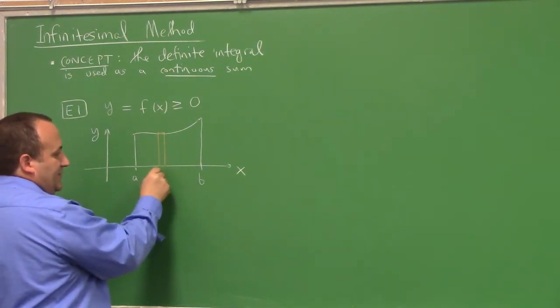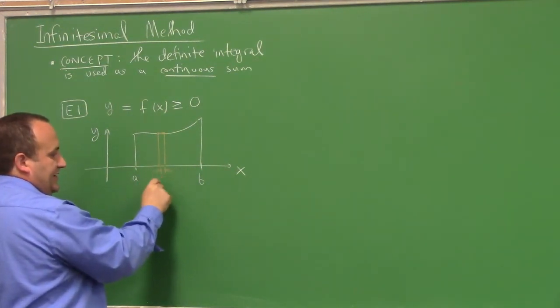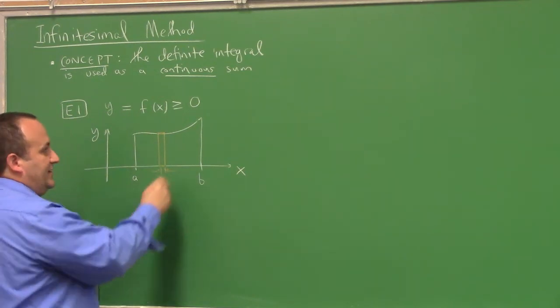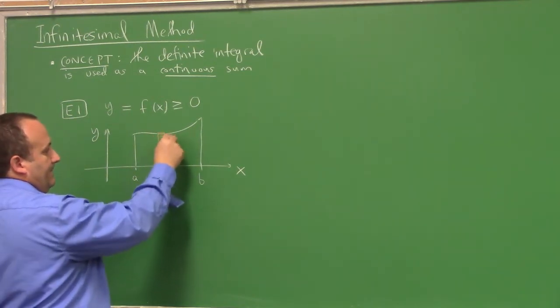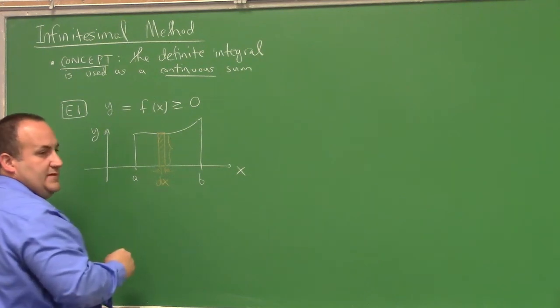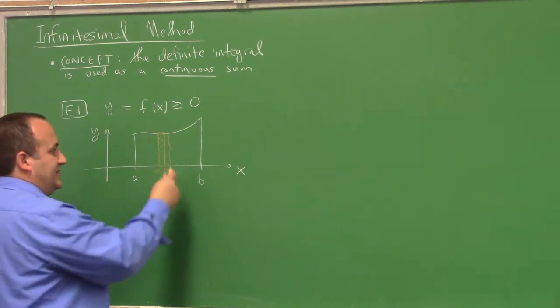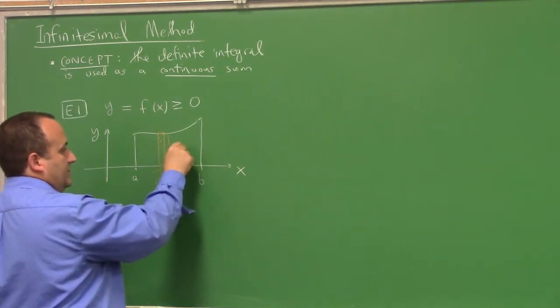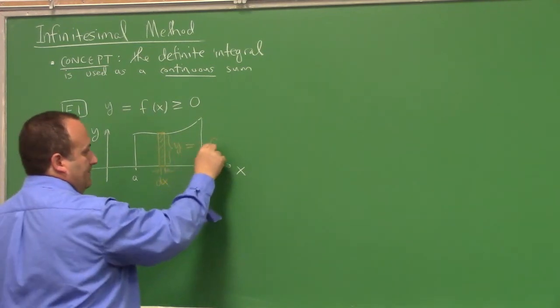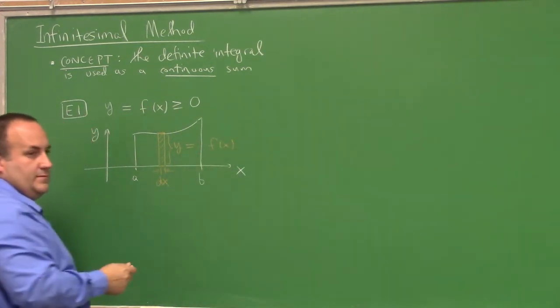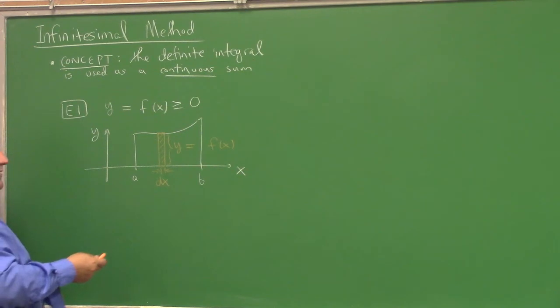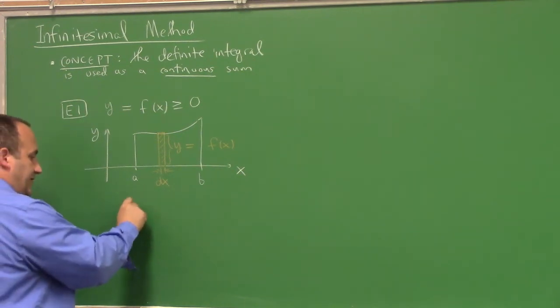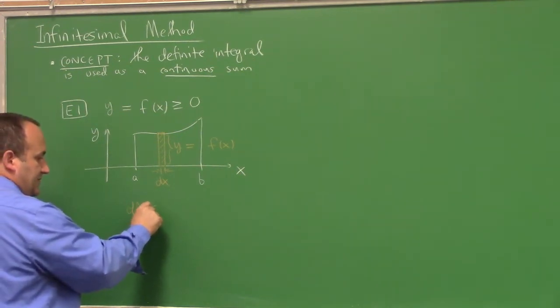But you can think about the width of this box being dx, and what's the height of the box? It's y, which in this case is equal to f of x. And what's the infinitesimal area for this rectangle?